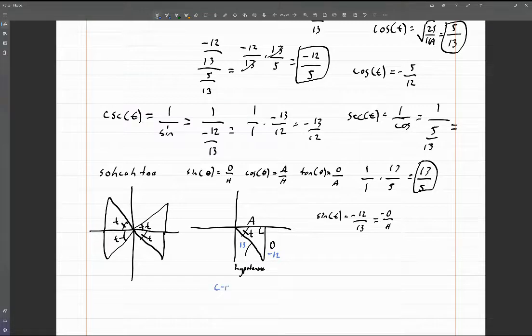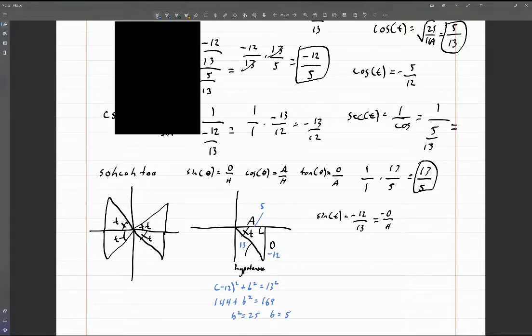So we have negative 12 squared plus b squared equals 13 squared. And this is again going to be a positive when we take the square root because this is in quadrant 4, the right-hand side of our coordinate system. So all the x values are going to be positive.